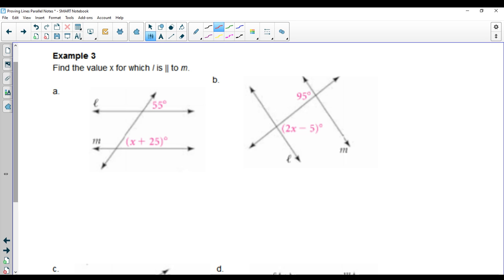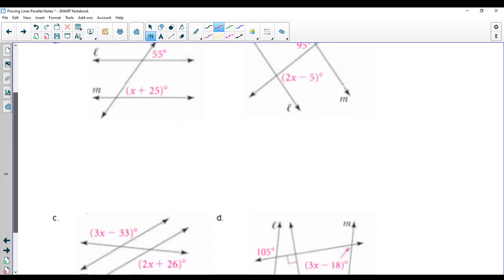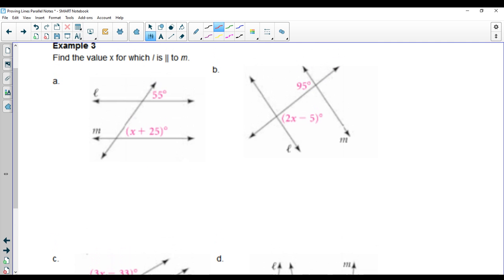Now the question is, we don't necessarily know that L and M are parallel. We don't know. But what we want to find out is what would X need to be so that they are parallel? Okay, I hope I explained the difference. So you're trying to solve for X in order to make those two lines parallel.